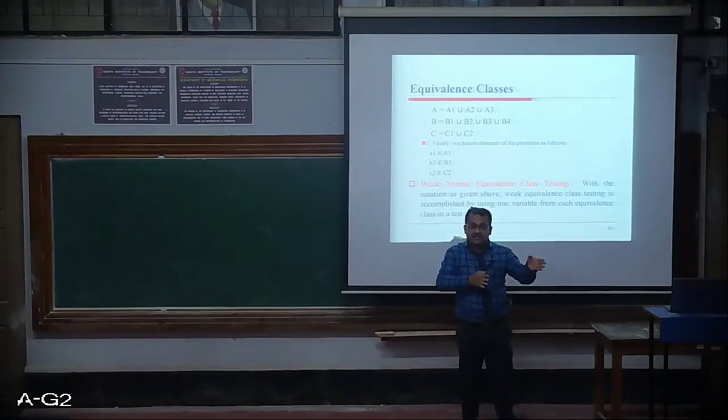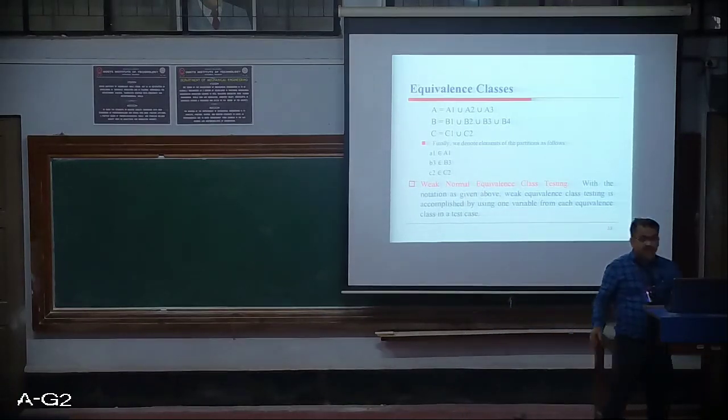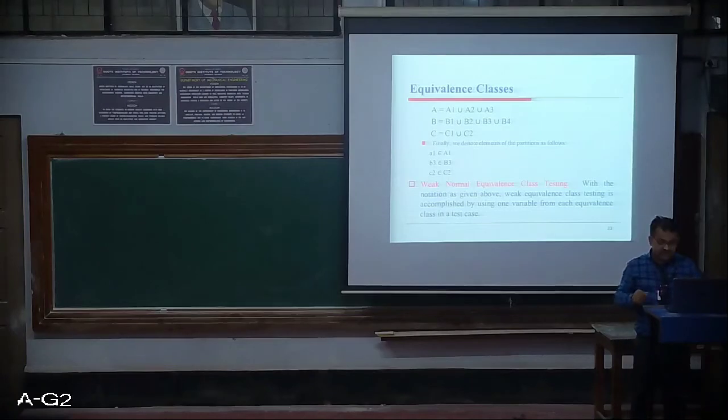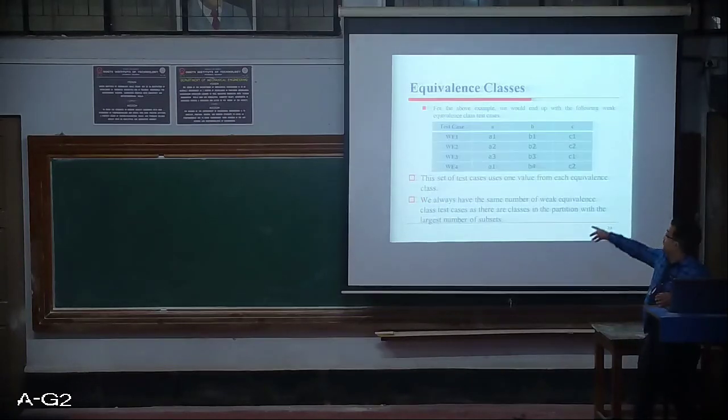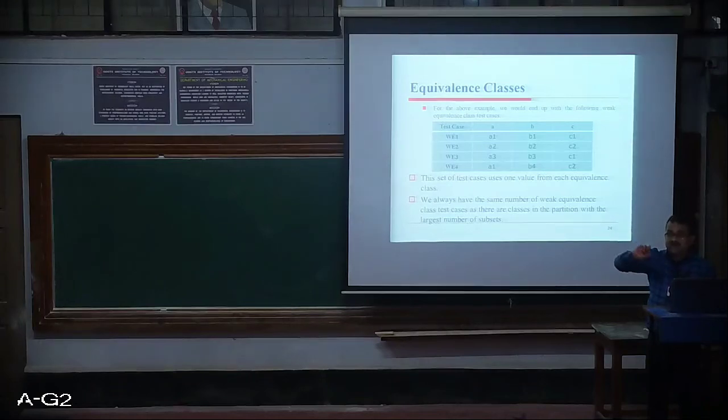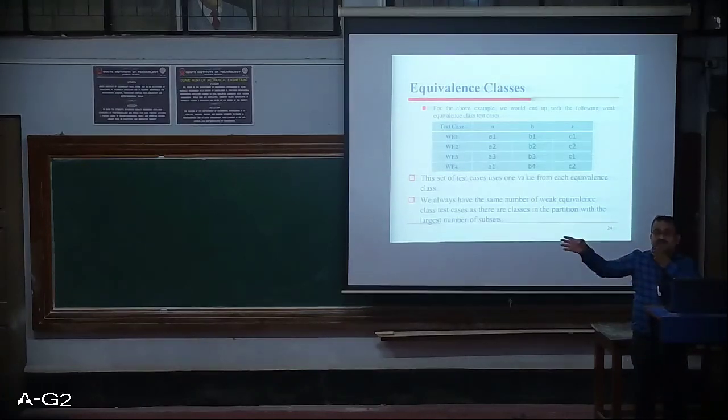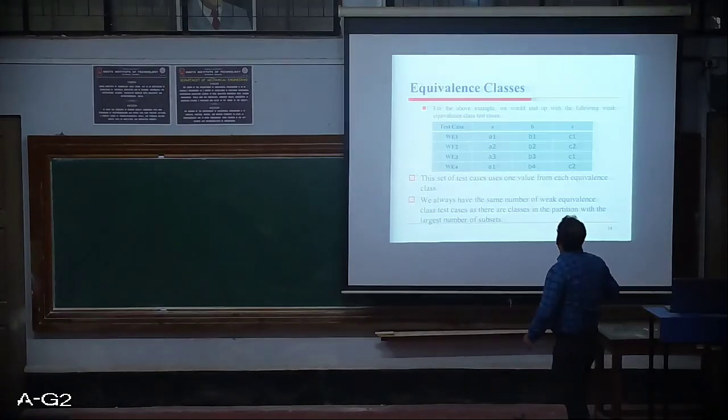Taking one value from each of these subsets, small b1 represents the capital B1 subset, small b2 represents the capital B2 subset, small b3 represents the capital B3 subset, and so on. To generate the test cases, first we take values from the domain which has the largest partition, so B1, B2, B3, B4.